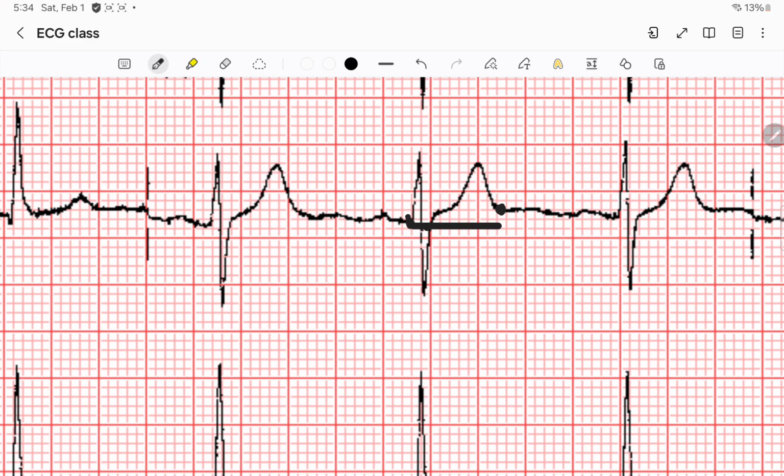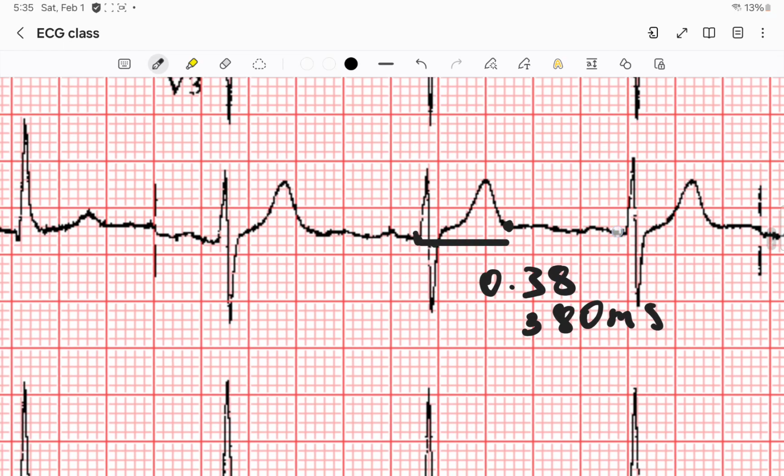So this person's QT is about 0.38 or 380 milliseconds. So it's not prolonged. In fact, I would say it's probably more about 400 or 0.4. So let's look at another lead.